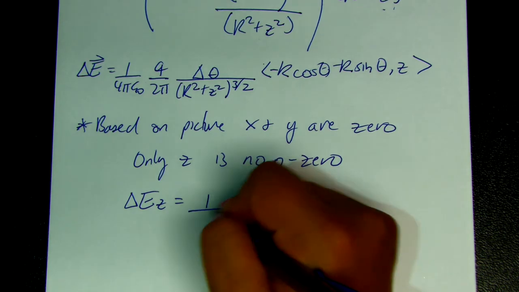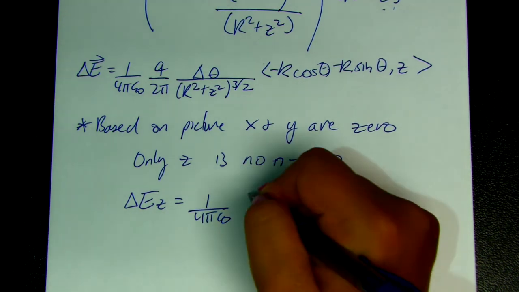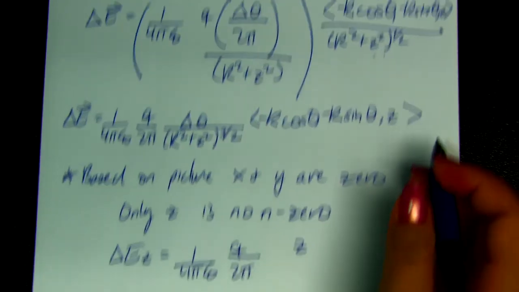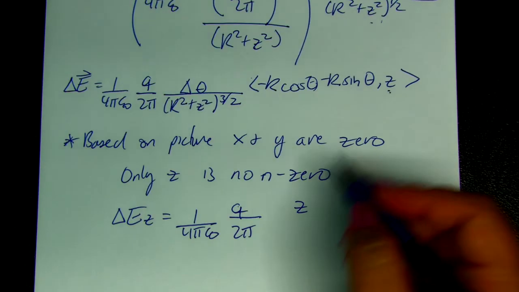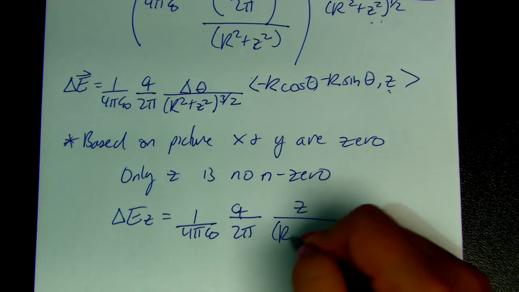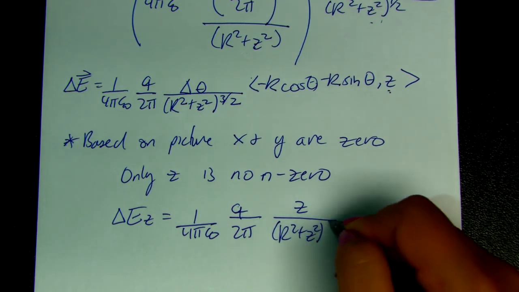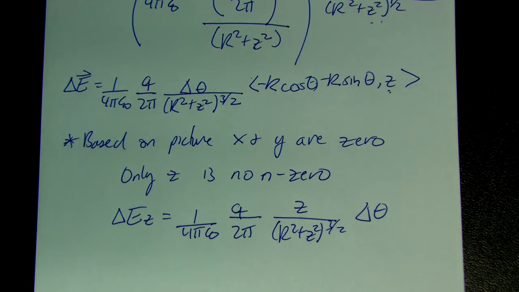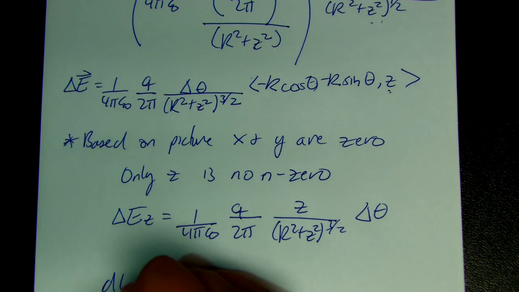So this is equal to 1 over 4 pi epsilon naught q over 2 pi z, from this right here, over r squared plus z squared to the 3/2 times delta theta. We've brought this delta theta out because this is our summation variable, so it makes it easier to set up that integral.